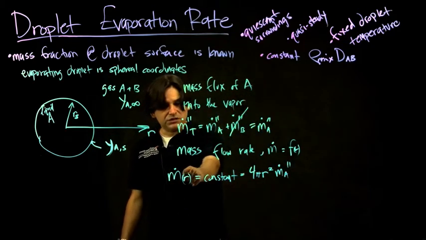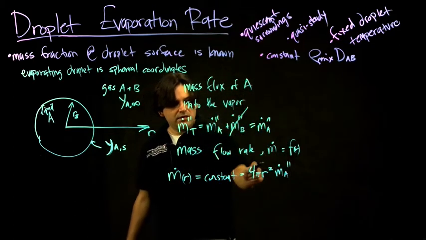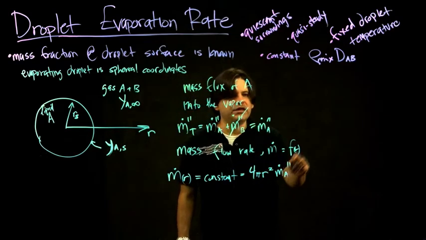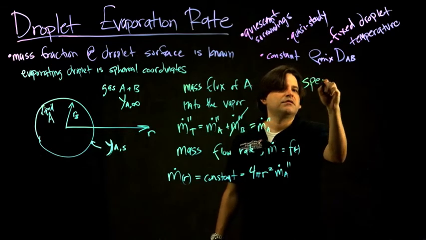Mass flow rate, this is just kilograms per second. So we can use that and then apply these to the species conservation.